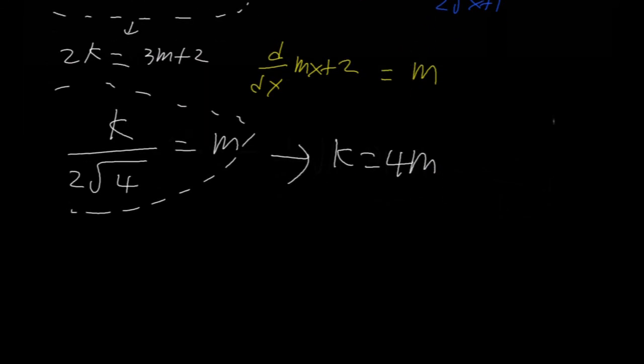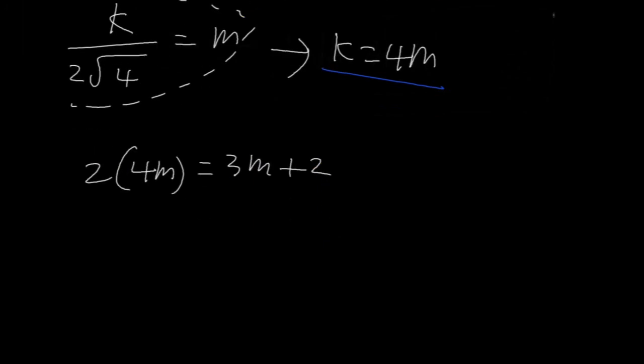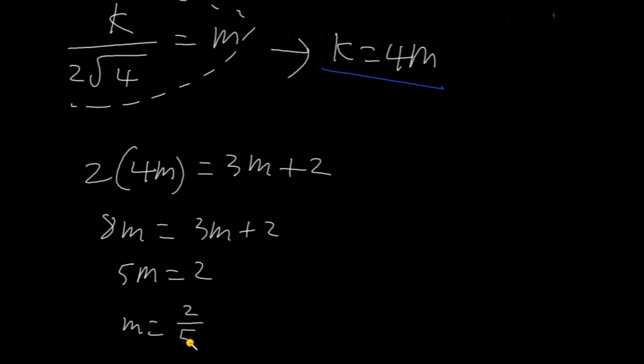So these are the simplified equations that we're going to use, right? What I'll do now is I will take this and plug it in for this k here. So that'll get us 2 times 4m, replacing this k with the 4m, equals 3m plus 2. 8m equals 3m plus 2. 5m equals 2. m equals 2 over 5.